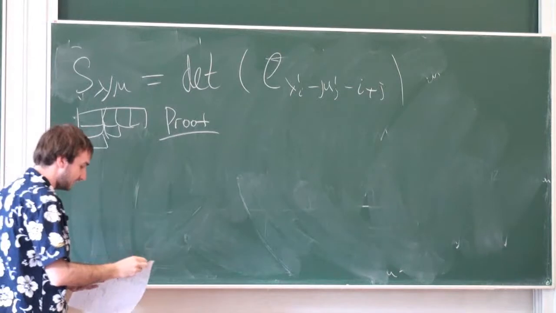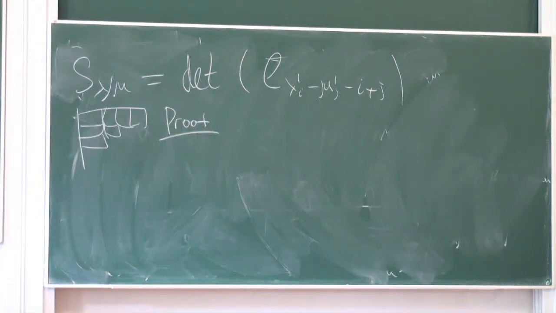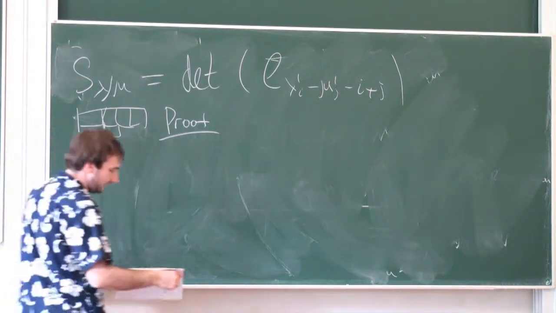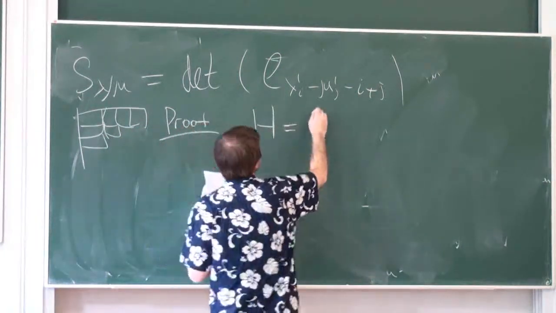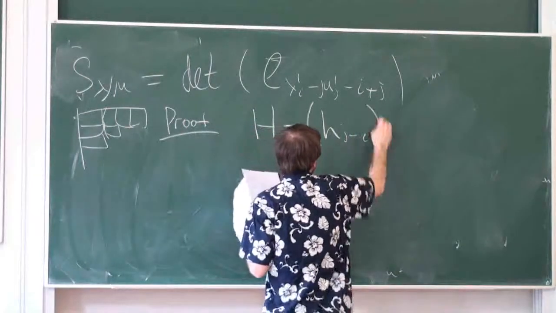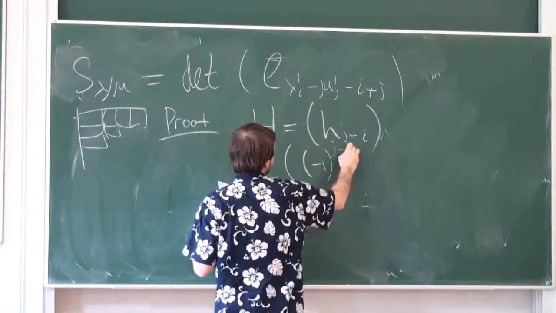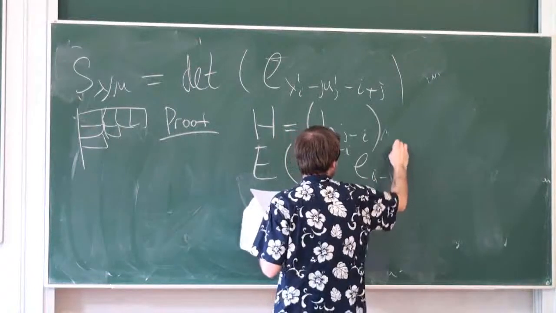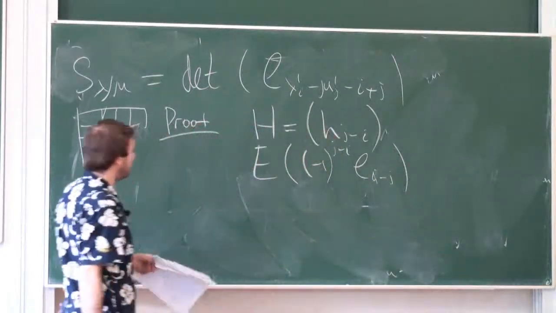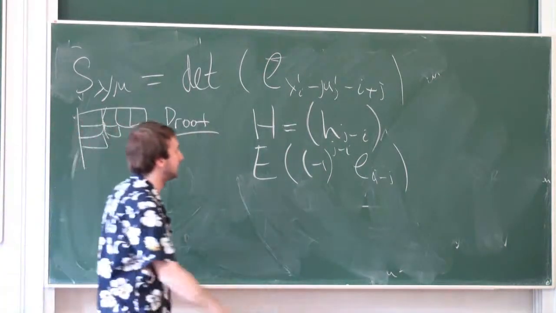Now we know the identity, which is written in the handout as identity number 5, which relates e functions and h functions. This identity can also be rewritten as follows: if you consider the matrix H, which is the matrix h of j minus i, and the matrix E, which is minus 1 to the j minus i times e of i minus j, then the identity just states that the product of these two matrices is the identity matrix.